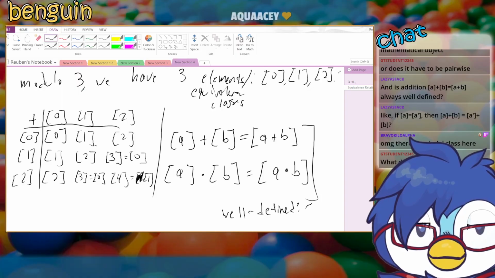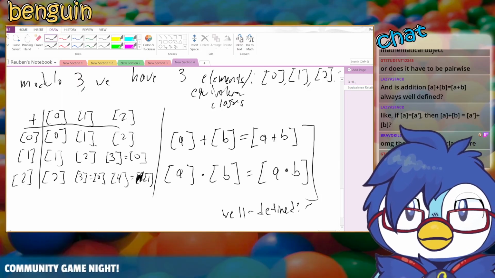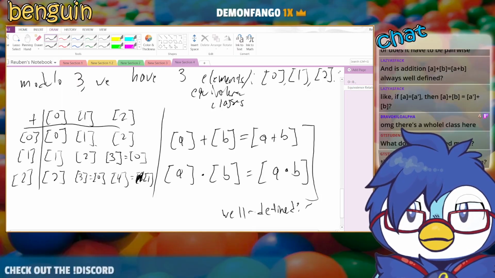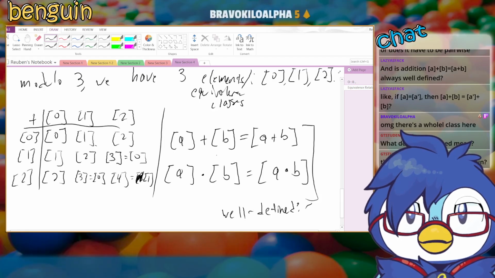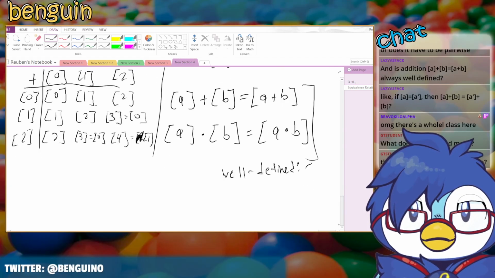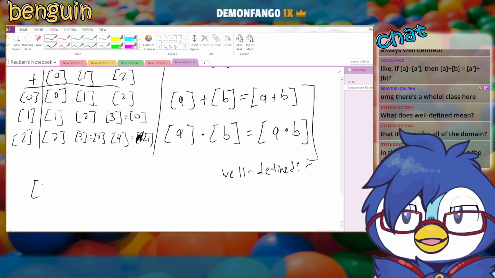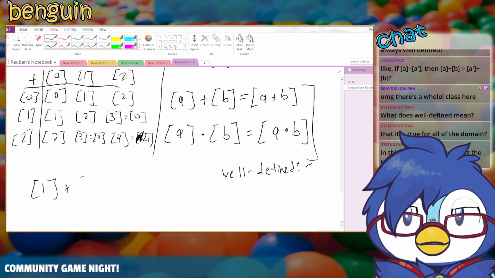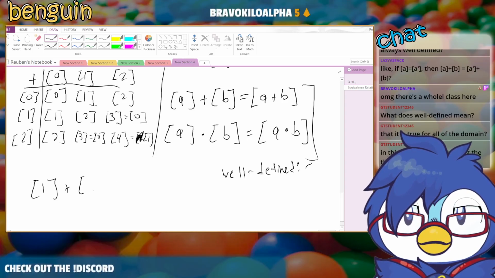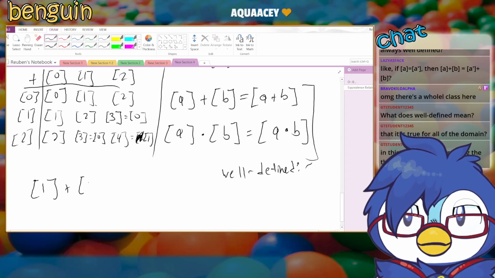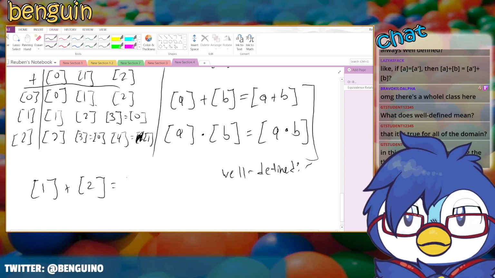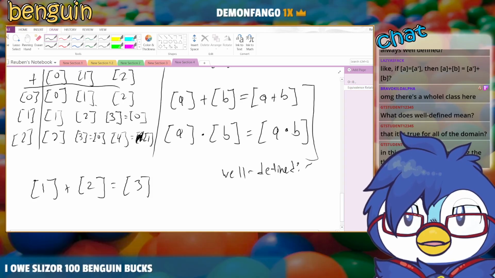So yeah, well defined. You might ask, what does well defined mean? So maybe let's give an example. Say I did the equivalence class of 1 plus the equivalence class of 2. We know this is going to be 3, which is 0.